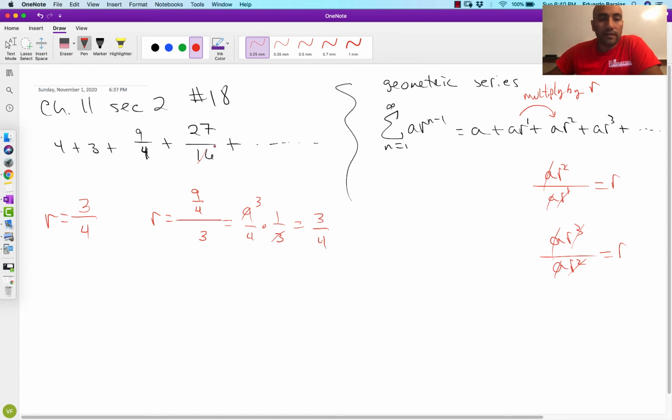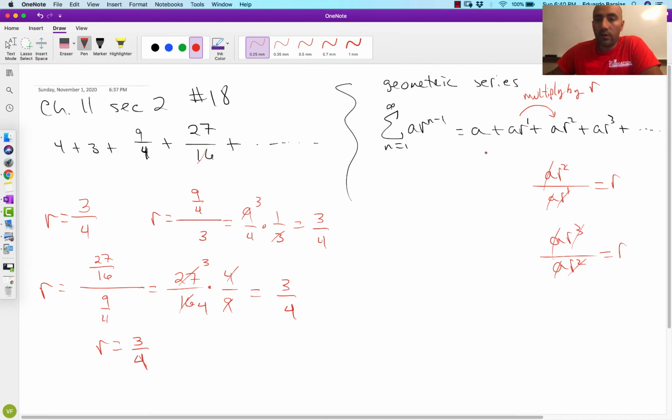I could have also gotten it through r equals 27/16 divided by 9/4, which equals 27/16 times 4/9, and then 4 cancels giving a 4th, 9 cancels giving a 3, and so you still end up with 3/4. So we've definitely established that r equals 3/4.